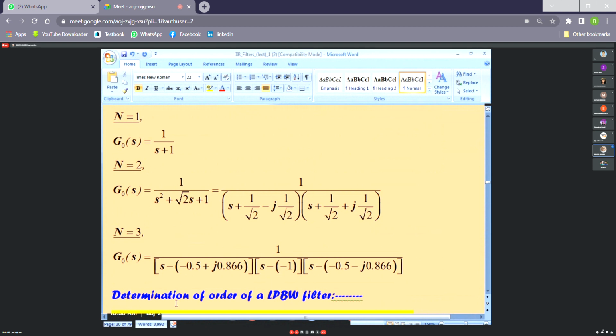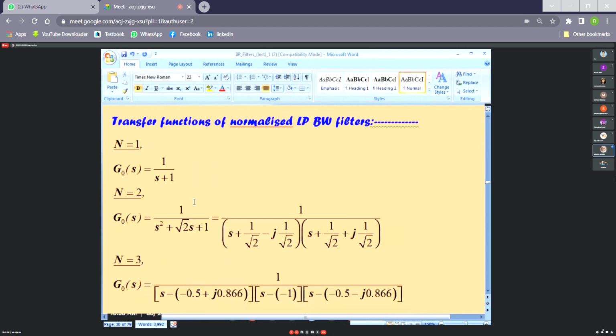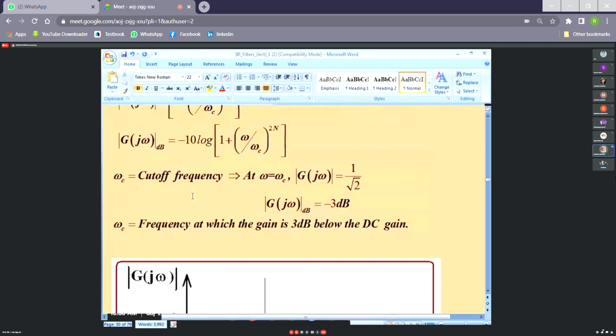So how to determine this transfer function, that you have studied in your instrumentation course. But here, if you are asked to consider, say, a second order prototype, you can straightaway write the transfer function. You need not derive that. So first write down this part just as a recapitulation.